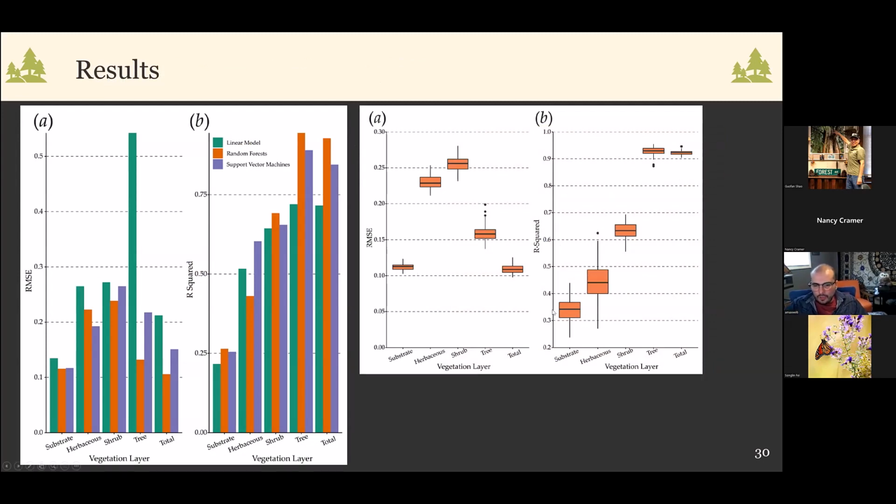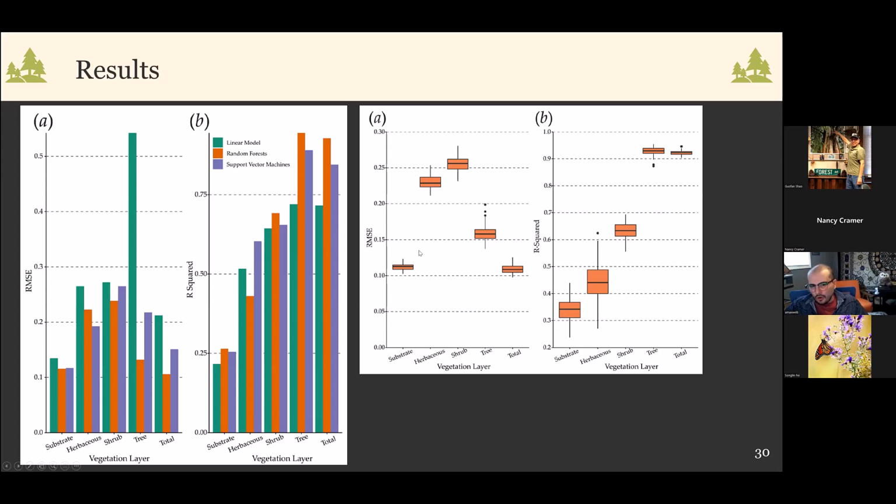Again, we looked at multiple strata: total burn index, trees, shrubs, just the herbaceous layer, and then the substrate layer. We assessed the model using R-squared, which is not really an accuracy metric; it's just a measure of the proportion of variability explained.